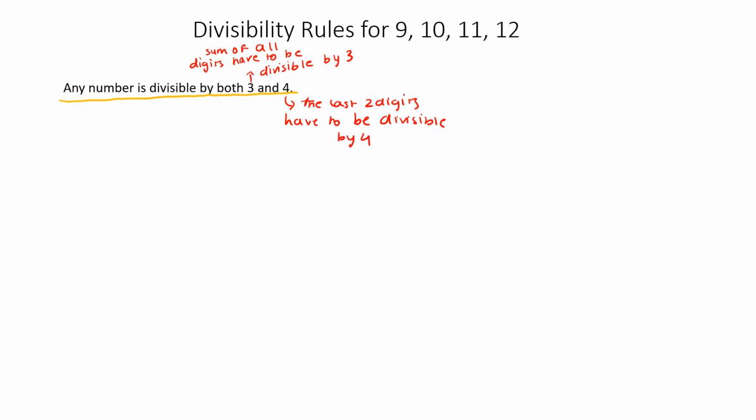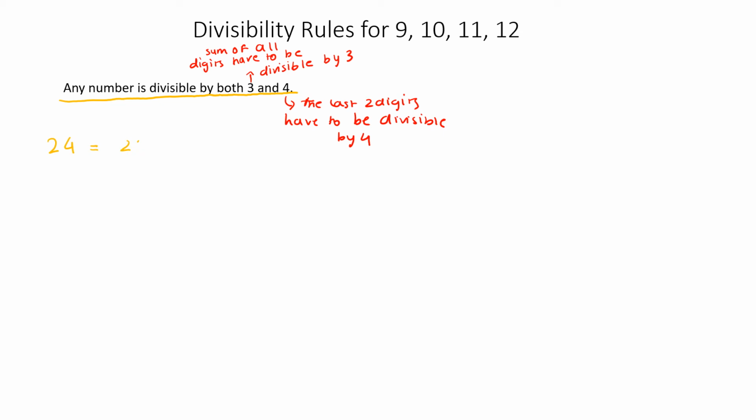Let me fix that. So let's start with an example. We're going to go easy here. Let's take 24. Now, for 24 to be divisible by 12, we have to check whether it's divisible by 3 and 4. Let's start with 24 being divisible by 3.